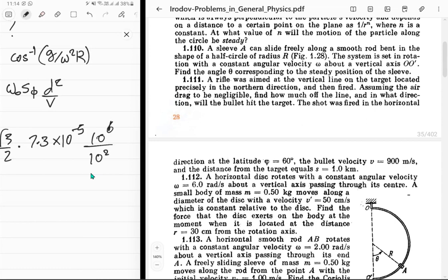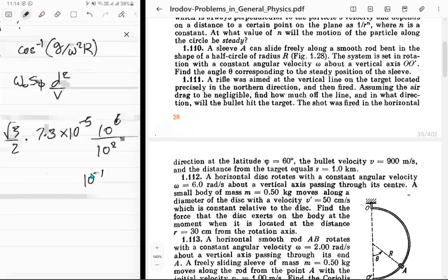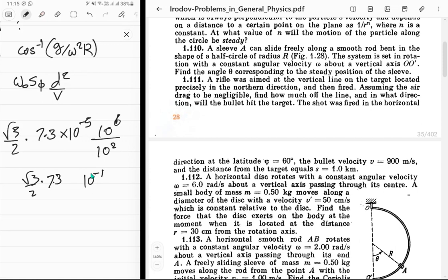This is of course much bigger than what we initially got. What am I doing today? So 10 power 4, and square root 3 upon 2 into 7.3, that should do it.